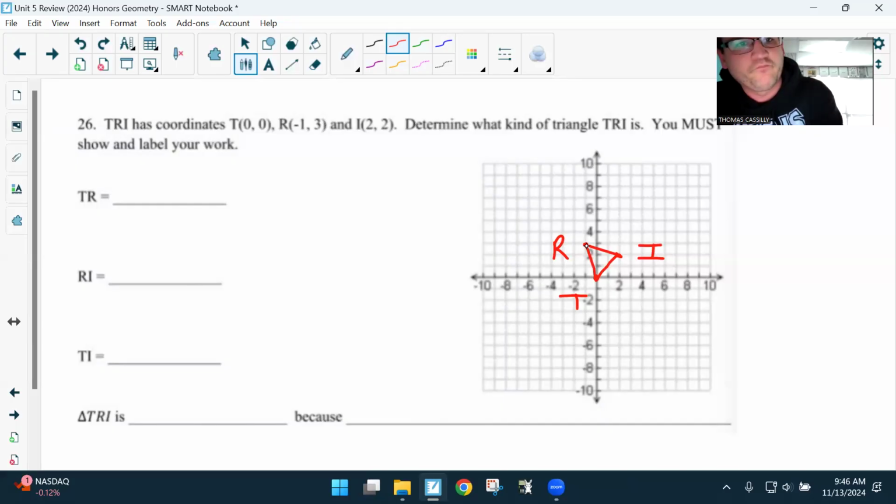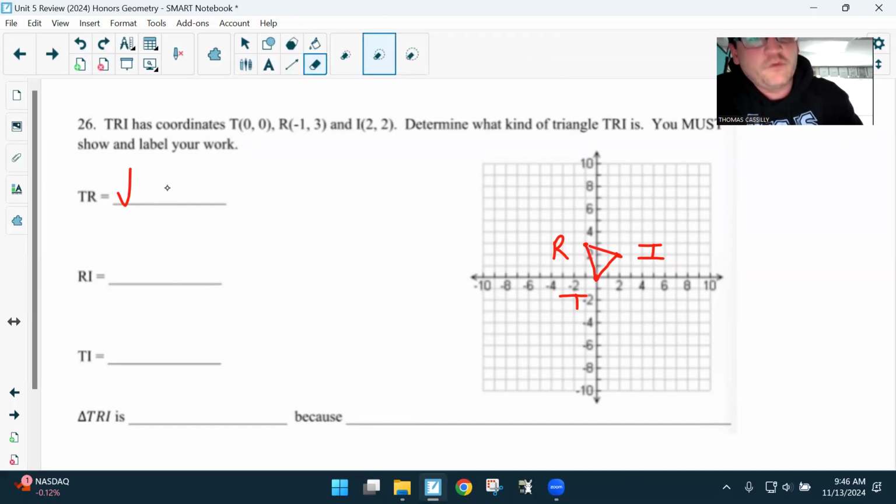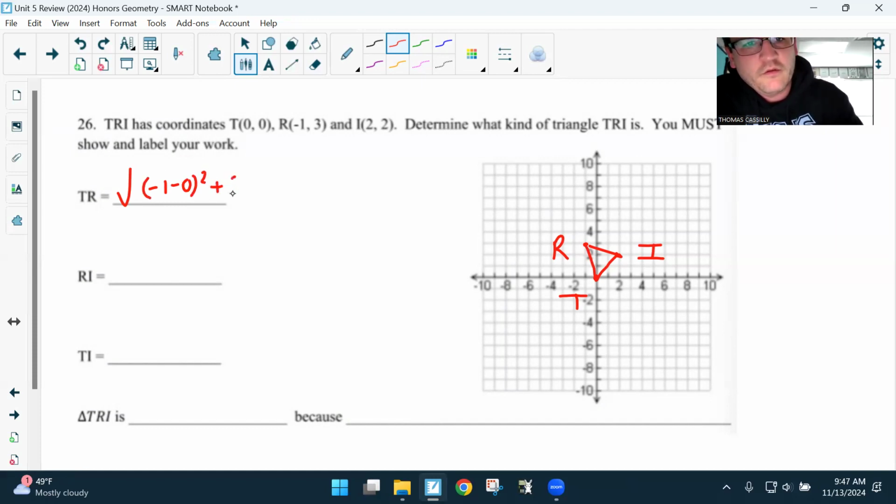So TR. TR is equal to the square root of, this means a distance formula. So I'm not going to write down the formulas here. Let me start over. TR is the square root of point T and point R. -1 minus 0 squared plus 3 minus 0 squared.